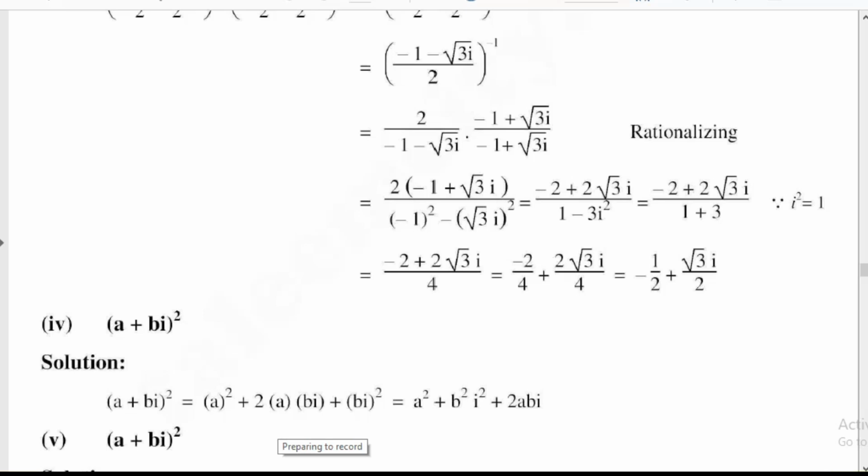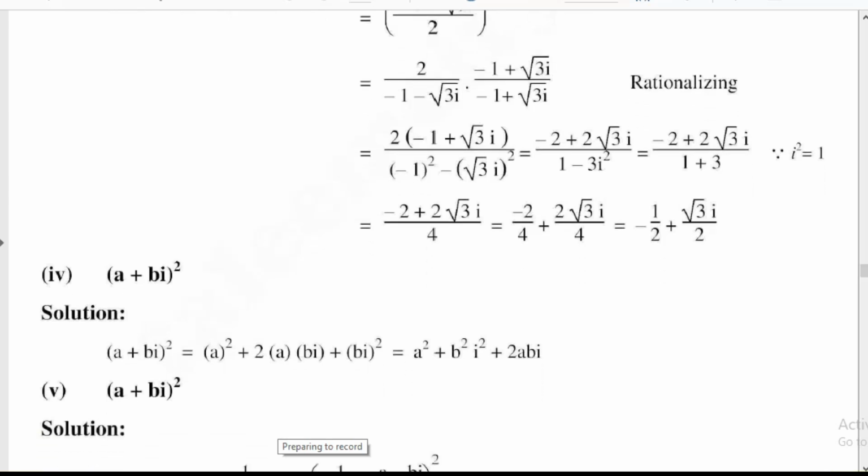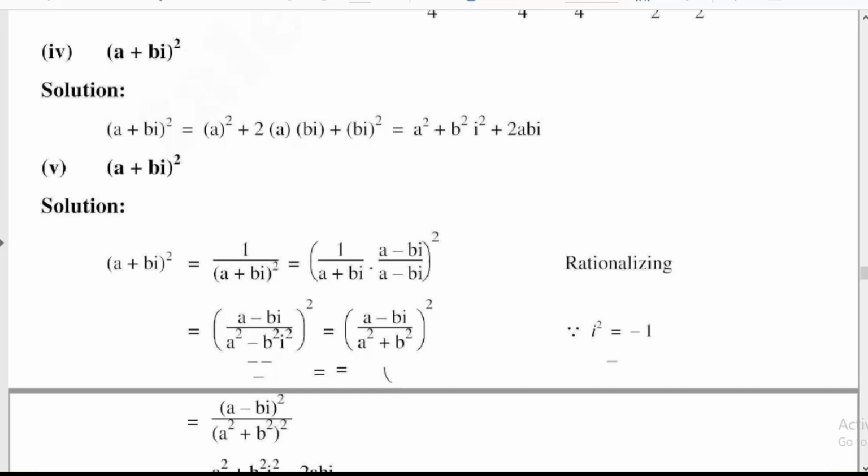Next part number 5, that is a plus b iota whole power minus 2. So power minus 2 can also be written in numerator form. So the power will be in denominator form, the power will be positive, that is 1 divided by a plus b iota whole square. So it can also be written in whole form, and by rationalization 1 divided by a plus iota b into a minus iota b divided by a minus iota b.